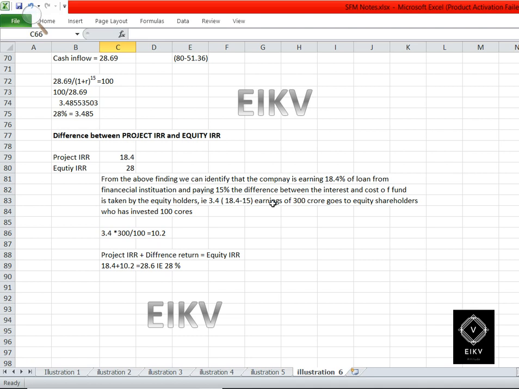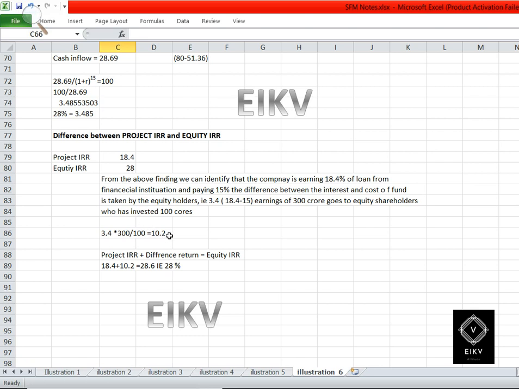When we deduct 15 from 18.4, we will get a difference of 3.4. This 3.4 percentage is taken by the equity shareholders. Okay, so the earning on 300 crore goes to equity shareholders, who have invested only 100 crore.